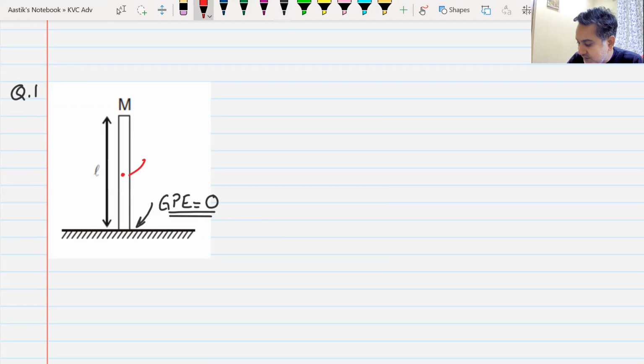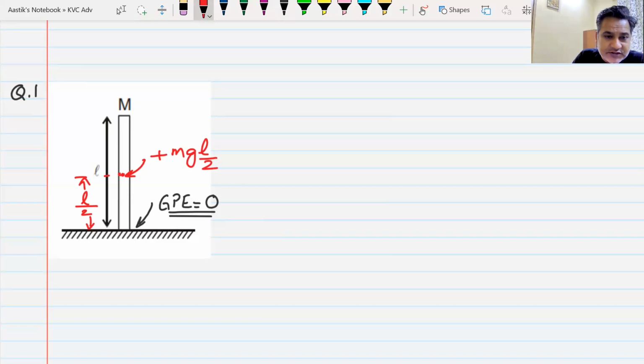I find out this center, and its center is at a height L/2. And if I calculate its gravitational potential energy, it will come same as mg into L by 2, considering that it is not a rod, it is a point, and the center point, whatever energy the center point has, that is the gravitational potential energy of the entire system. Do we understand this? Yes, sir.